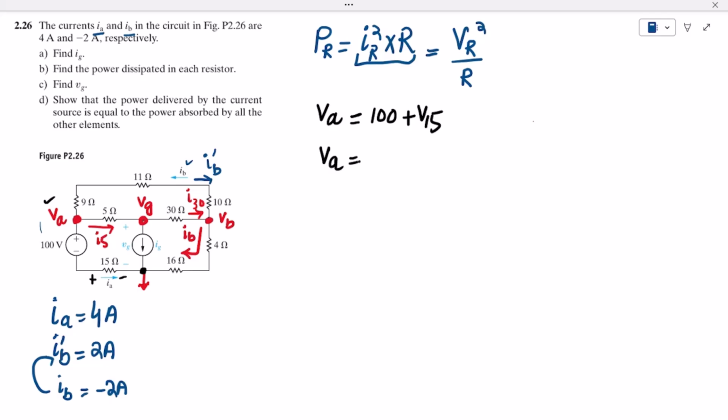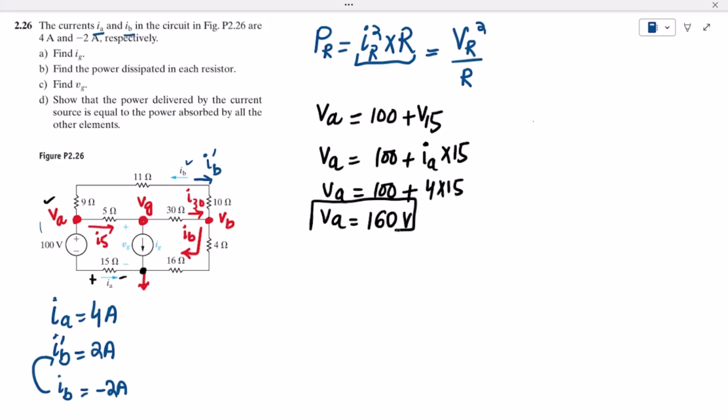So VA equals 100 plus V15, and V15 is IA multiplied by 15. The value of IA is also given, that is 4. So 4 multiplied by 15, and ultimately we will get 160 volts. So this is the value of VA.